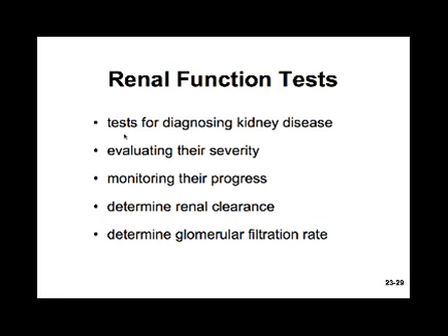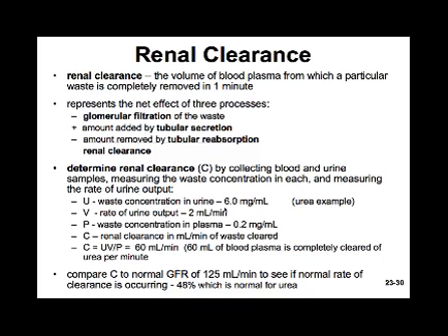So there are several tests for diagnosing kidney diseases, evaluating their severity, and monitoring their progress. And in the next section here, we're going to examine the renal clearance test and glomerular filtration rate test. So to begin with, renal clearance is defined by the volume of blood plasma from which a particular waste can be completely removed in 1 minute.